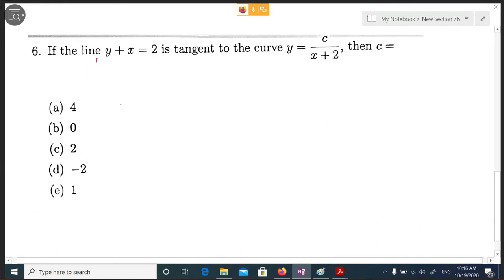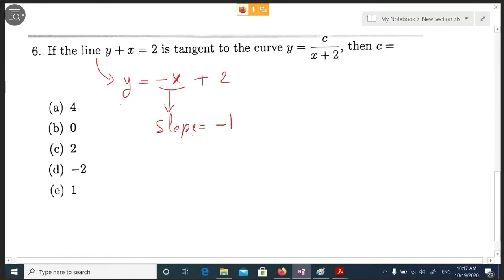Okay, how do you find the slope of this line? Well, write it as y equals minus x plus 2. So where is the slope? The slope is minus 1, the coefficient of x.